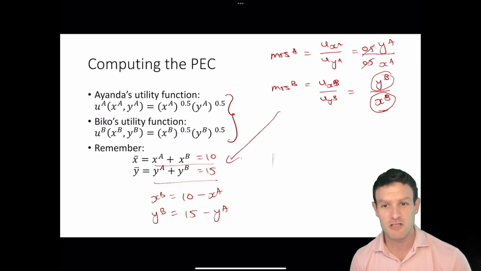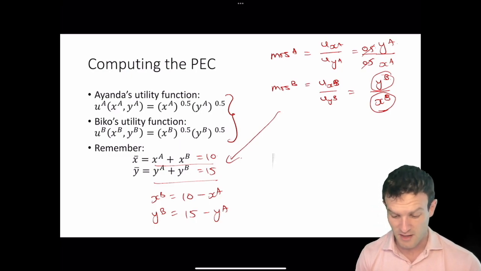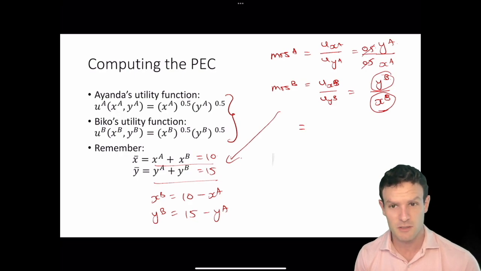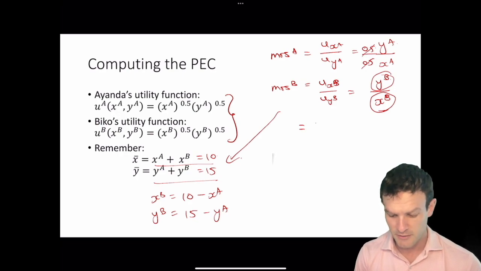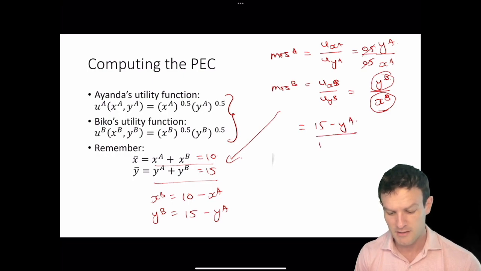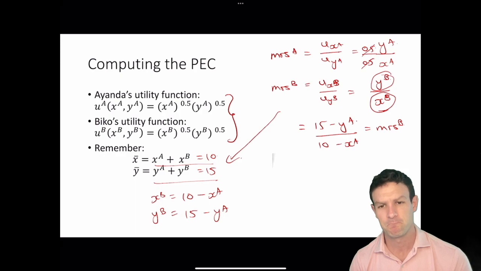That's just a simple rearrangement of the condition that the sum of the two goods must equal the total amount of goods available. What this means then is that B's marginal rate of substitution equals 15 minus ya divided by 10 minus xa.